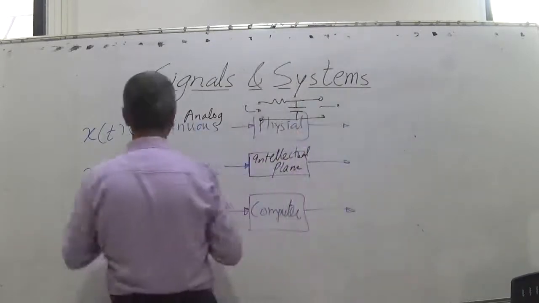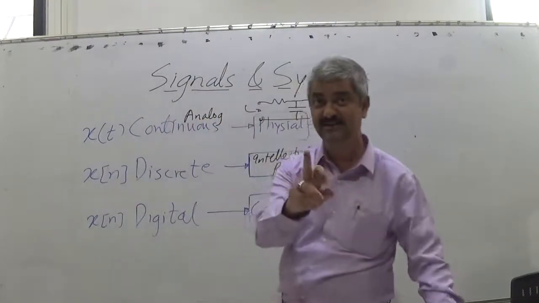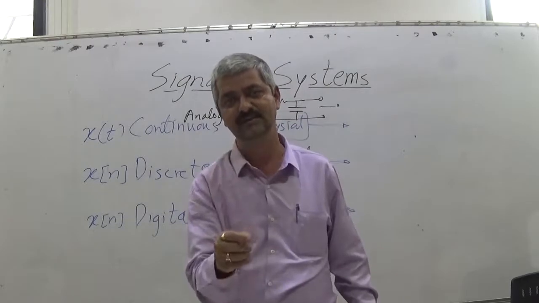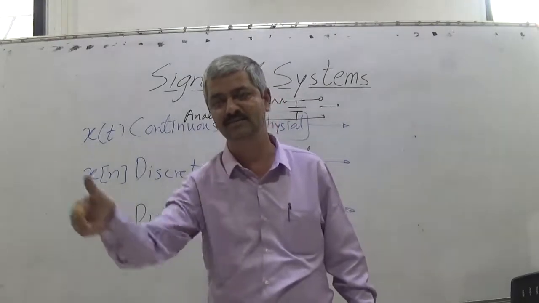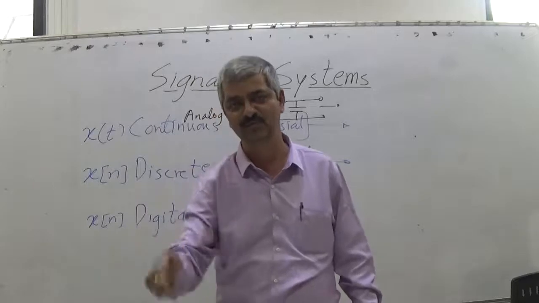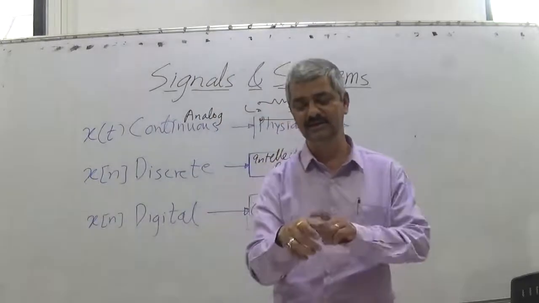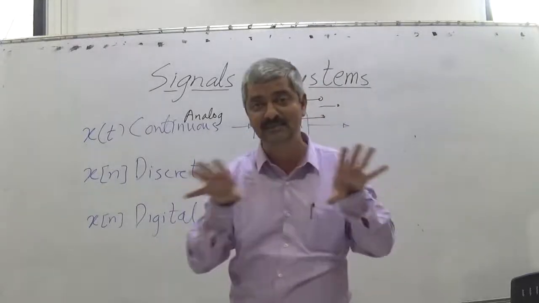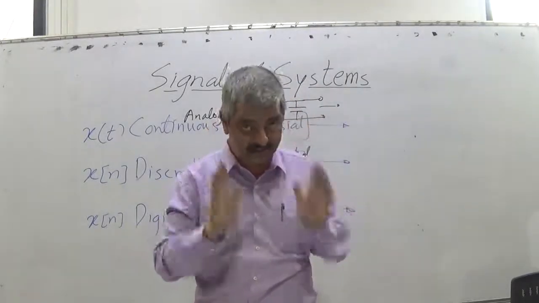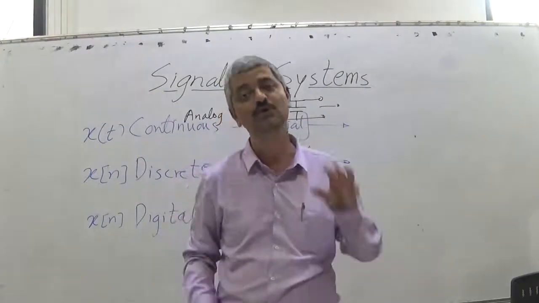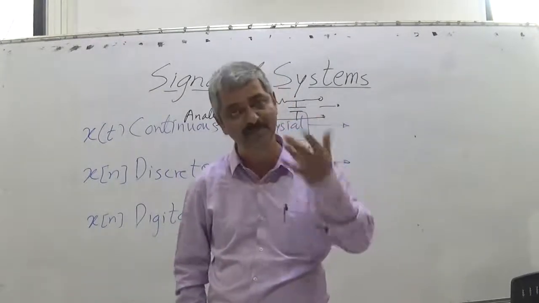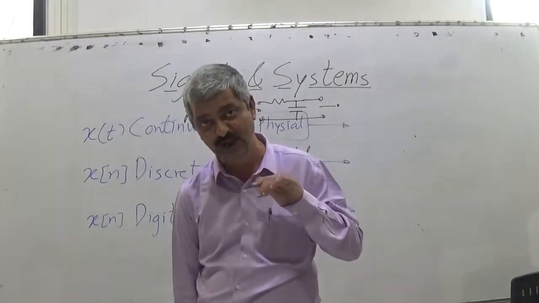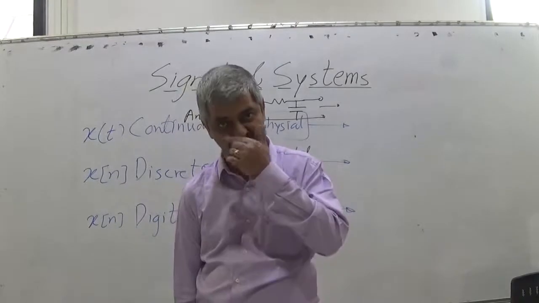Then when a signal is said, x(t), it means at every t there is some temperature, at every t there is some height of a plant, at every t there is some voltage somewhere, at every t there is some atmospheric pressure on me. So all these are single-dimensional variables. But yesterday specifically I told you to think in two dimensions simultaneously. Thinking in two dimensions simultaneously is just like our stereo vision.